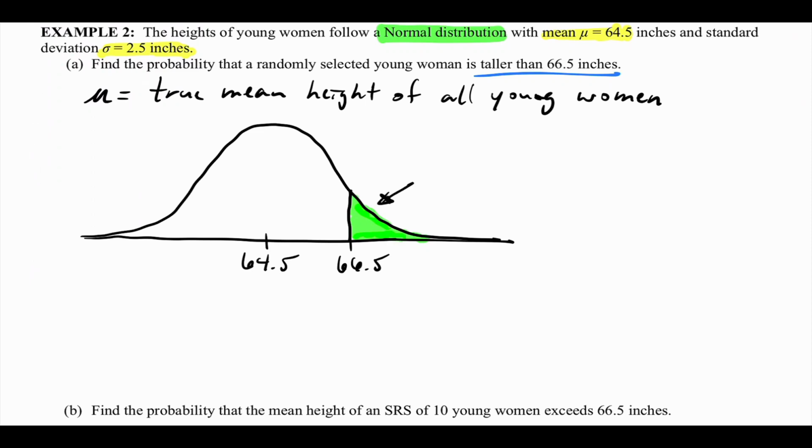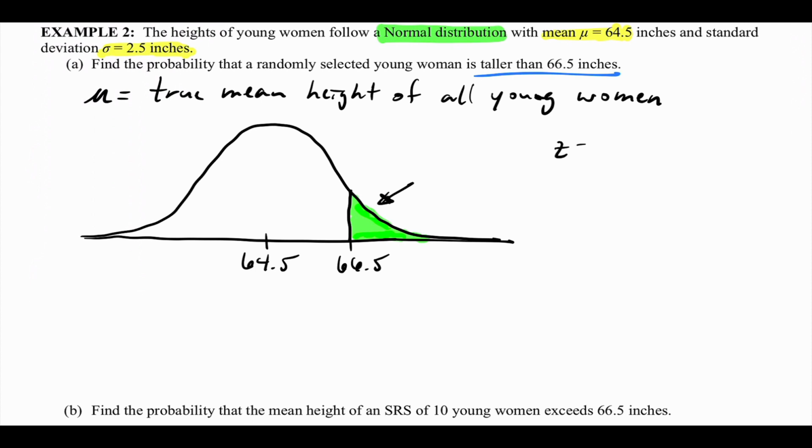That's what I need to find. What's the probability that, of all the young women, I put every single young woman's name in a hat, millions, probably billions, I reach in there, grab one name, what's the probability that that one young woman has a height greater than 66.5? That's what the question's asking.